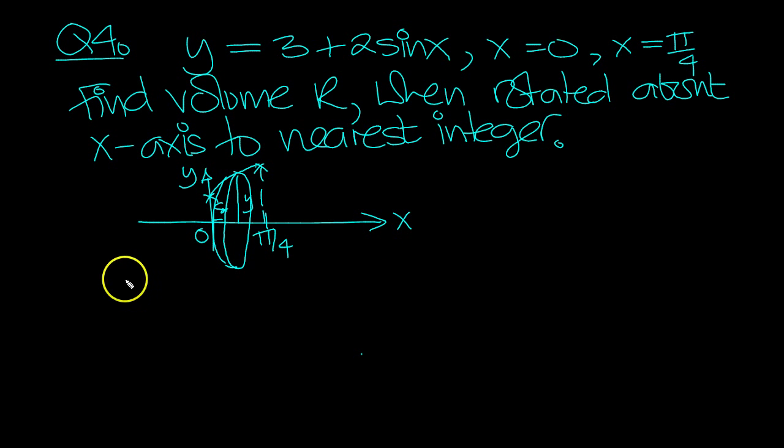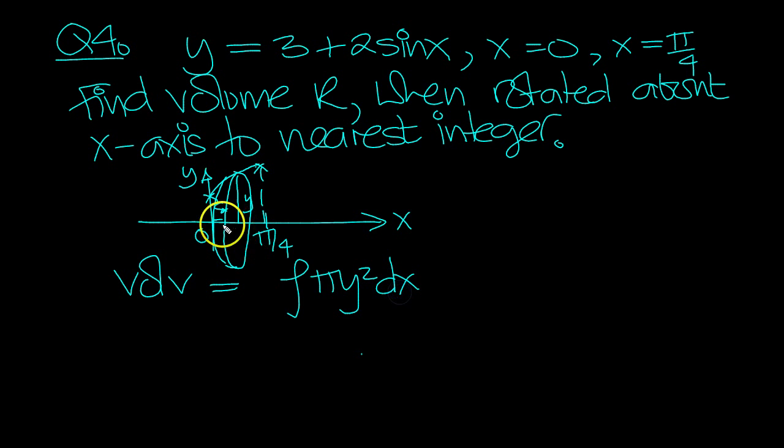So the volume V is equal to the integral of pi r squared, pi y squared, times the thickness of each of these disks, delta x. We're going between 0 and pi over 4, aren't we?